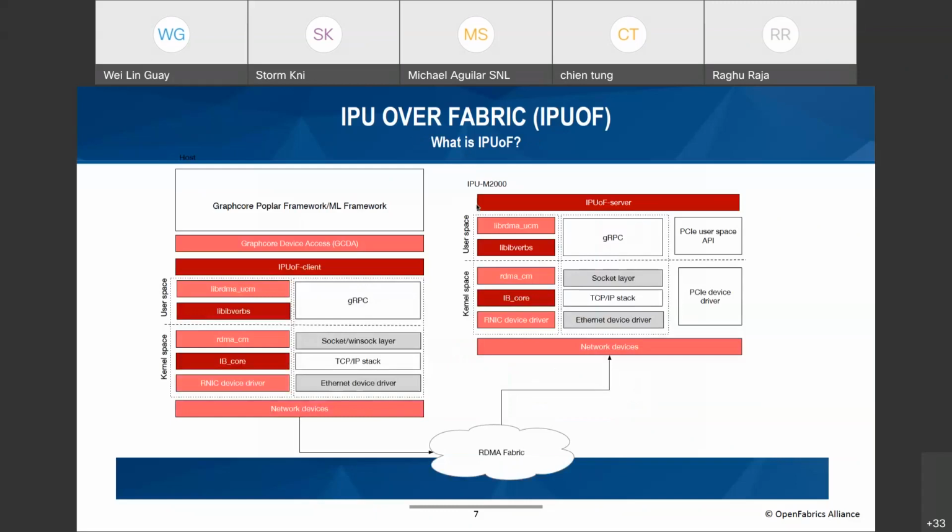Now we have seen where the IPU over Fabric resides, we can zoom into the software stack within IPU over Fabric. IPU over Fabric is a pure software layer. It's all in user space currently. Its functionality is to establish and discover remote devices and to perform data movement, that is feeding data from the host where the ML framework is running onto the IPU, and fetching data from the IPU back to the host.